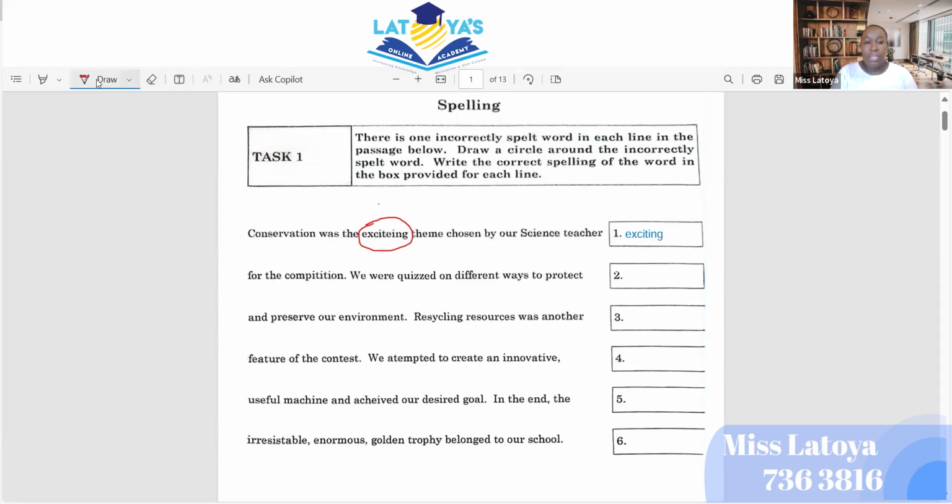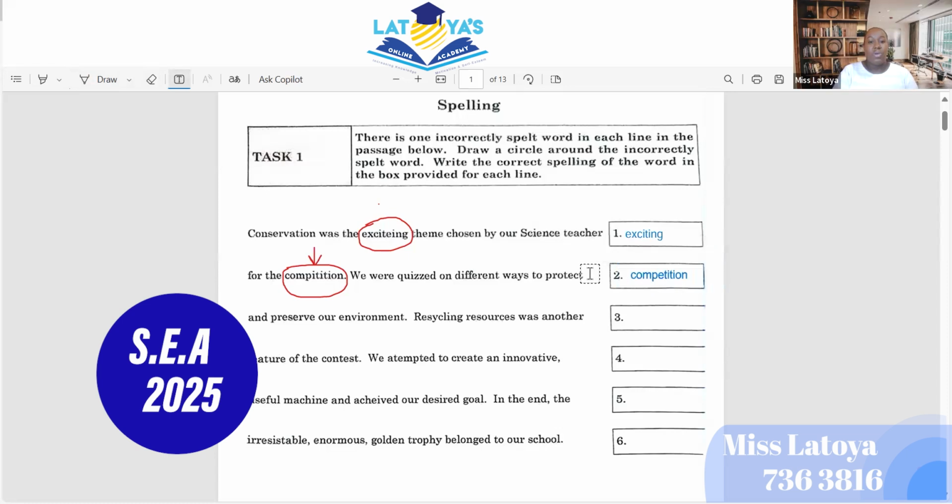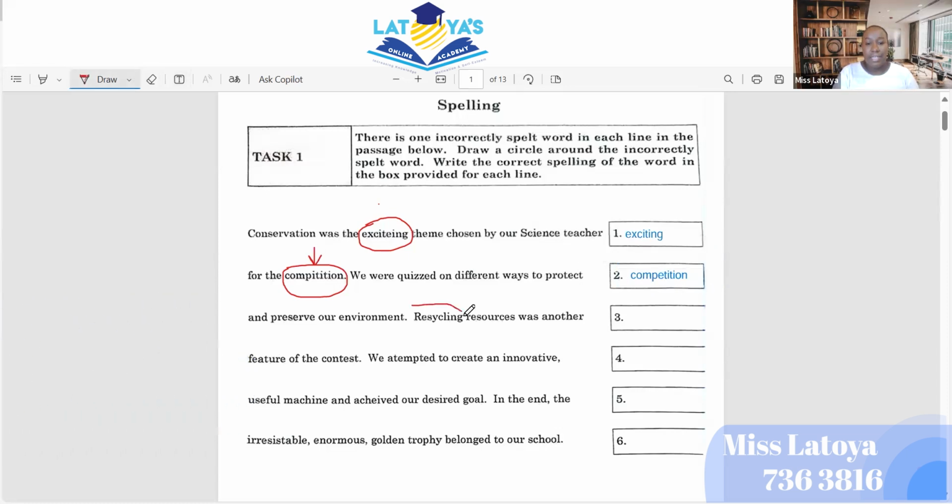In line 2, the incorrectly spelled word is competition. Competition is spelled with an E here and not an I. So it's C-O-M-P-E-T-I-T-I-O-N, competition, not competition.